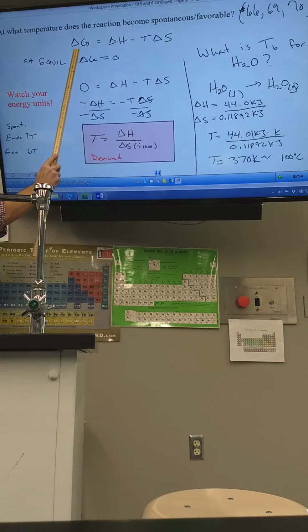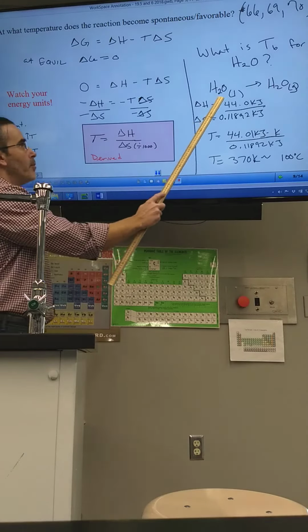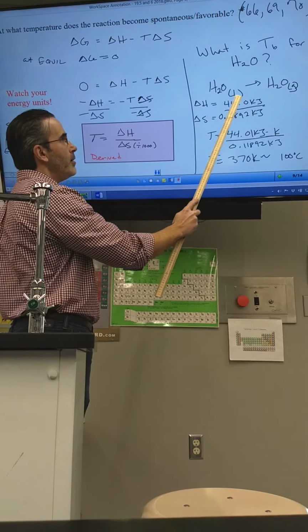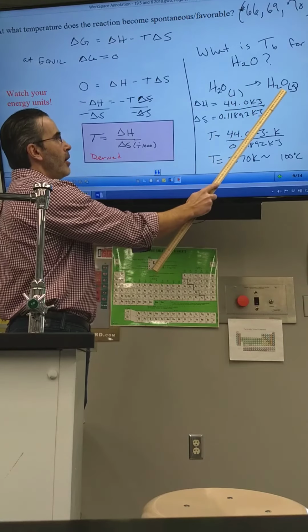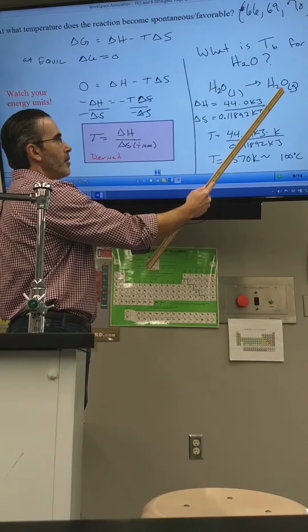You just need to remember when you want to find the temperature for a temperature dependent process, you just put in 0 for delta G and isolate T. For example, just to see how this works, if we take the process of water boiling, equilibrium would be at the boiling point, which we know is 100 degrees Celsius or 373 Kelvin.